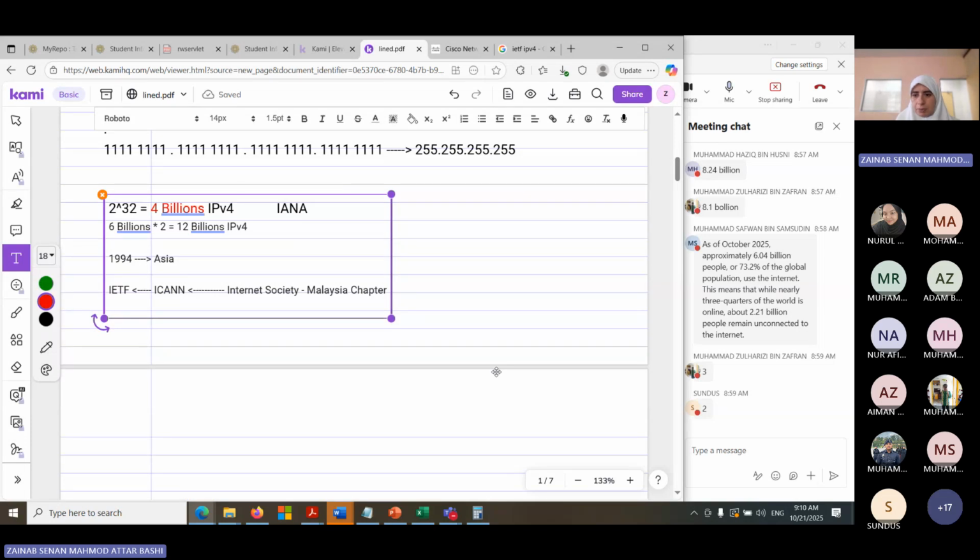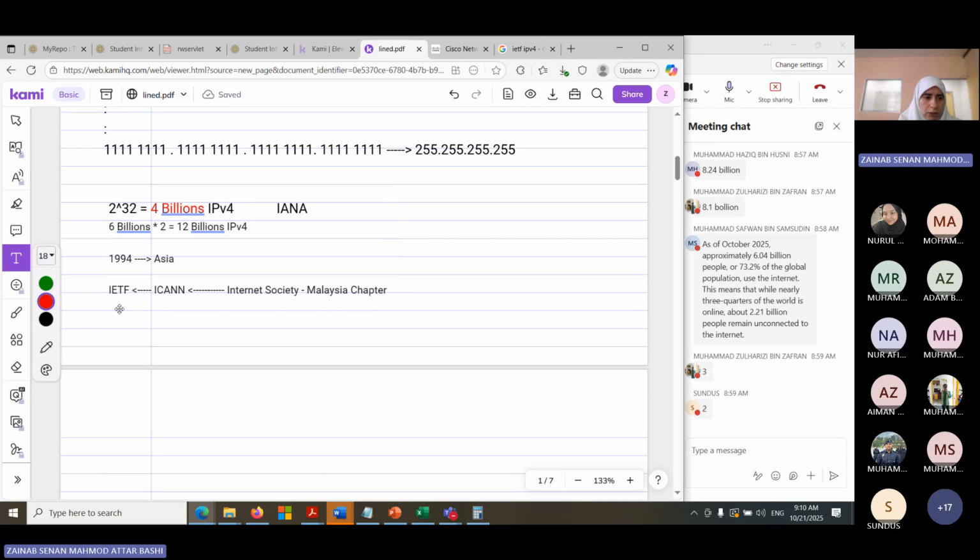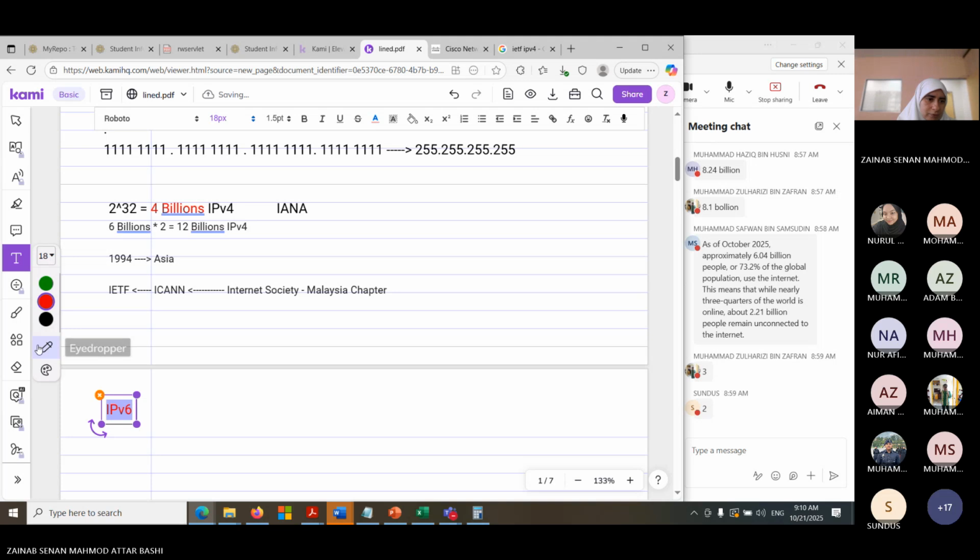They had many proposals, many ideas. At the end, they agreed to move from IPv4 to IPv6. So the question now: where is IPv5? Can you search? Can you ask Google, where's IPv5?